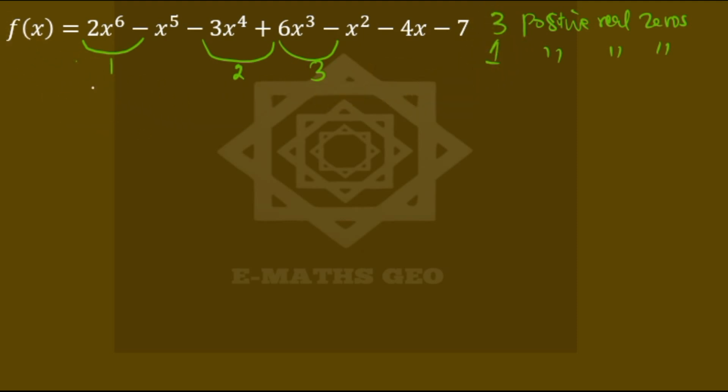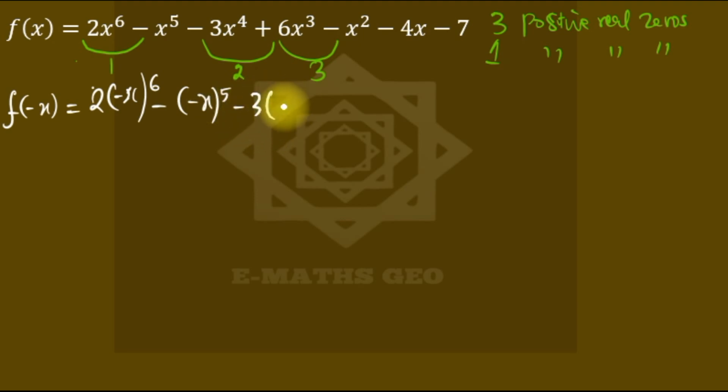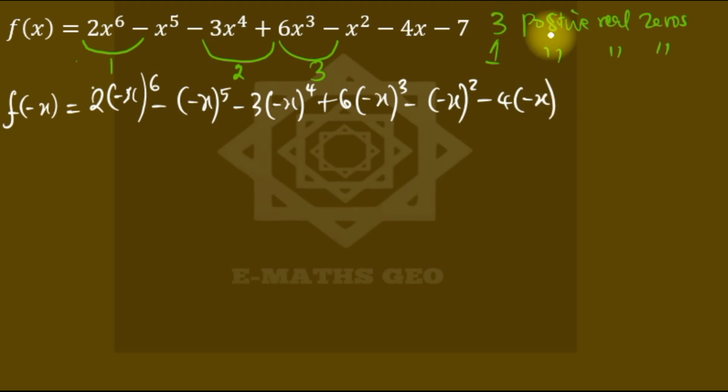Let's check for negatives by substituting x as minus x. So f of minus x is now 2 times minus x raised to the power 6, minus 2 times minus x raised to the power 5, minus 3 times minus x raised to the power 4, plus 6 times minus x raised to the power 3, minus minus x raised to the power 2, minus 4 times minus x, and finally minus 7.